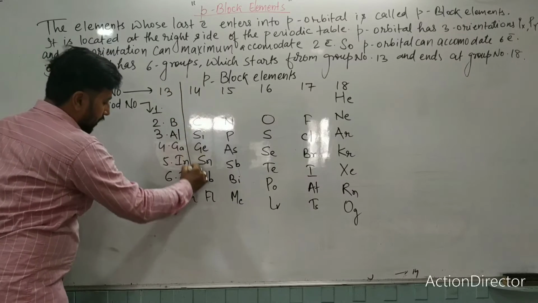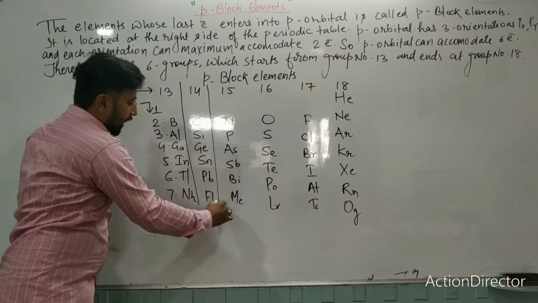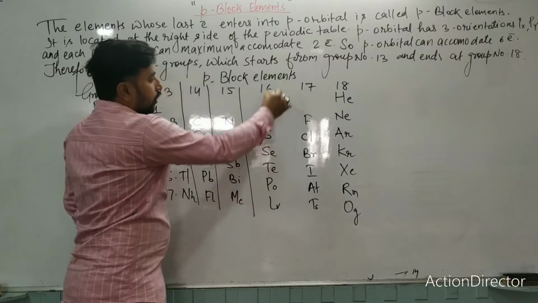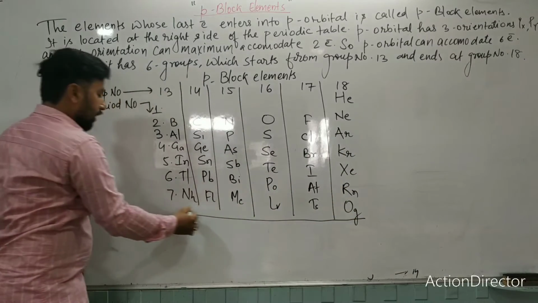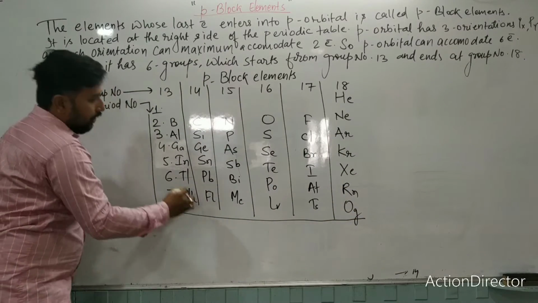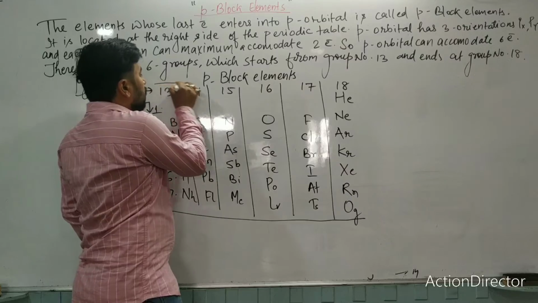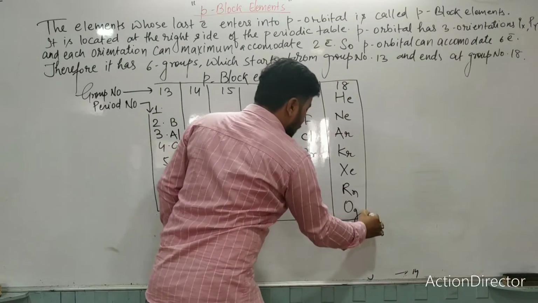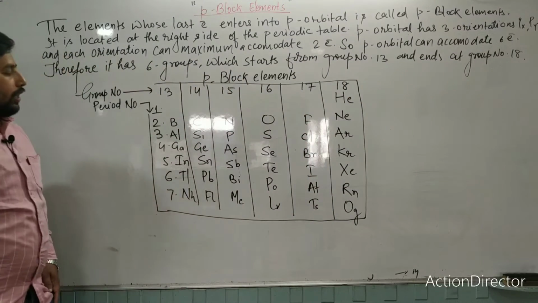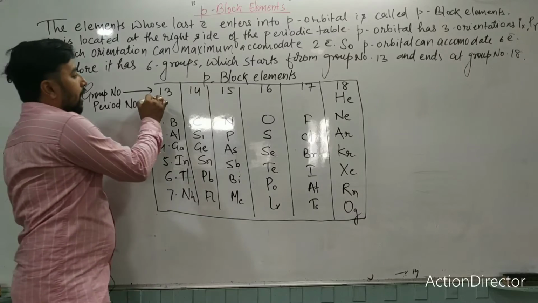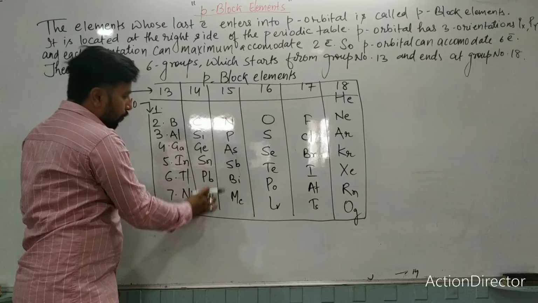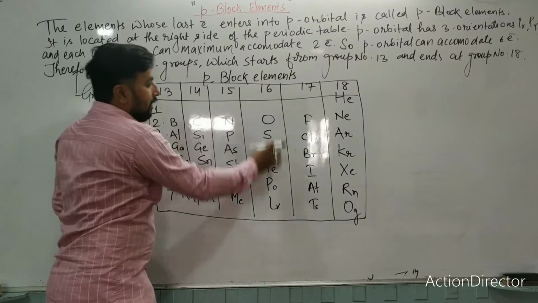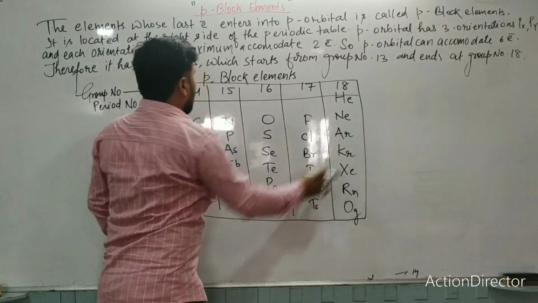Group number 13, group number 14, group number 15, group number 16, group number 17, and group number 18. So this is your p block elements, which is located at the rightmost side of the periodic table. Is it okay? These are the group numbers: 13th group elements, 14th group elements, 15th group elements, 16th, 17th, and 18th.